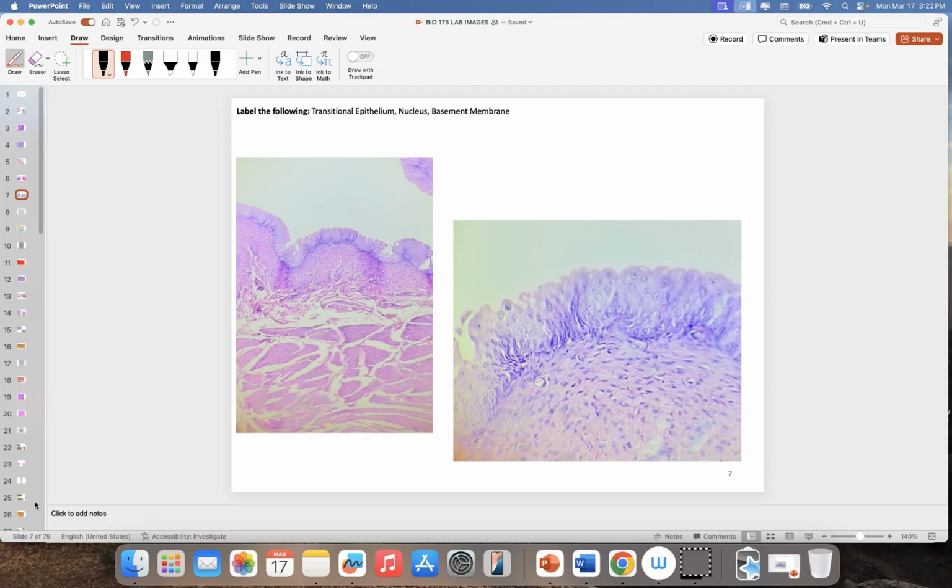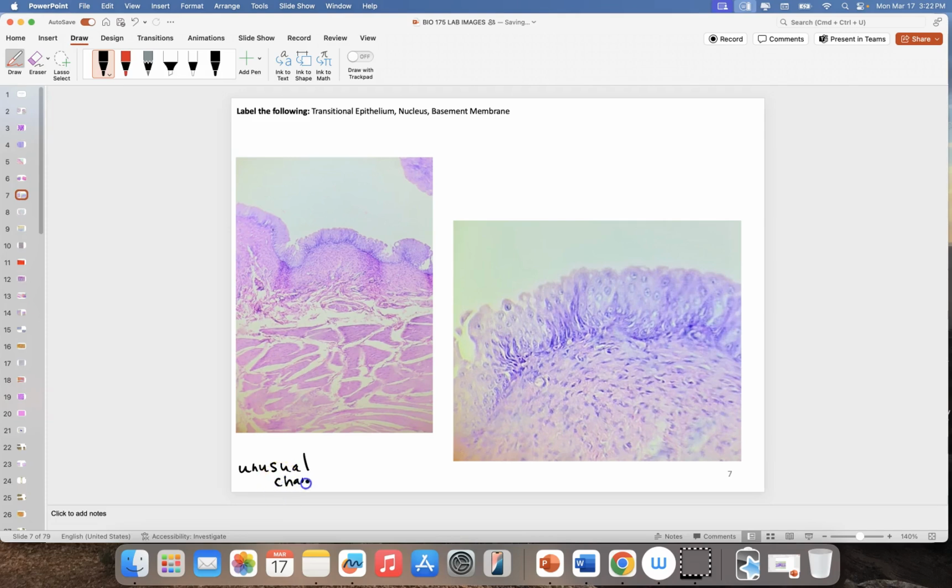Next we have transitional epithelium. And transitional epithelium is a little bit unusual. The reason why it's an unusual stratified epithelium is because the cells can change shape.